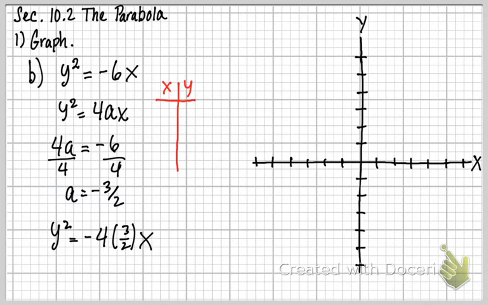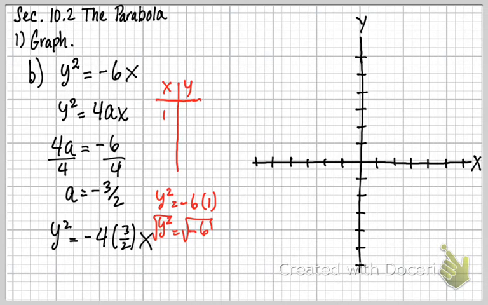If I pick a 1 and plug it in, there's something I want to show you. I get y squared equals negative 6 times 1, so y squared equals negative 6. What happens when I square root both sides and I have a negative number? I get something imaginary.